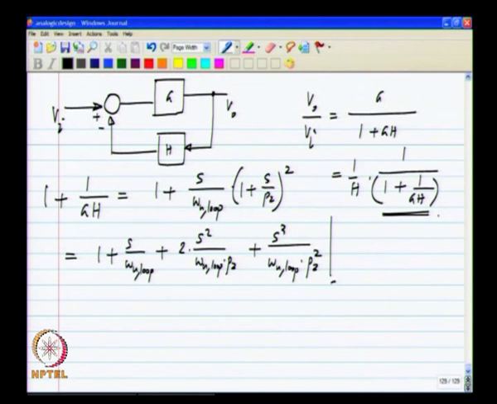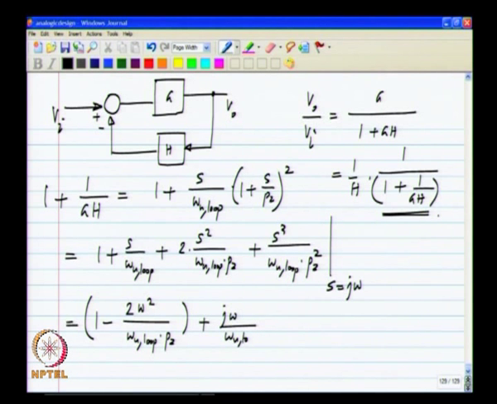And if you evaluate it at some sinusoidal frequency s equals j omega, we get 1 minus 2 omega square by omega u loop times p 2 plus j omega by omega u loop. Okay. Remember these two terms give the real part and these two terms give the imaginary part.